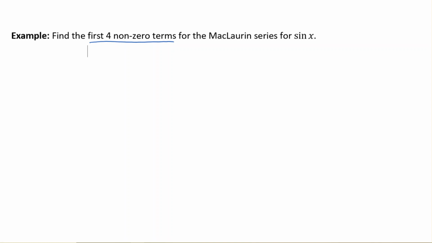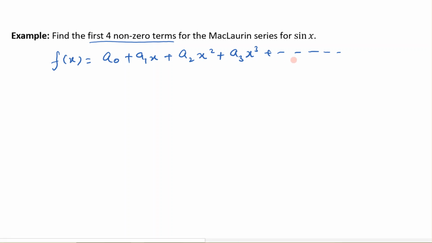Previously, in the last video, I explained the series of the form a naught plus a1 x plus a2 x squared plus a3 x cubed and so on. This is called the Maclaurin series, and here any coefficient a n is given by the nth derivative of the function evaluated at 0 over n factorial.